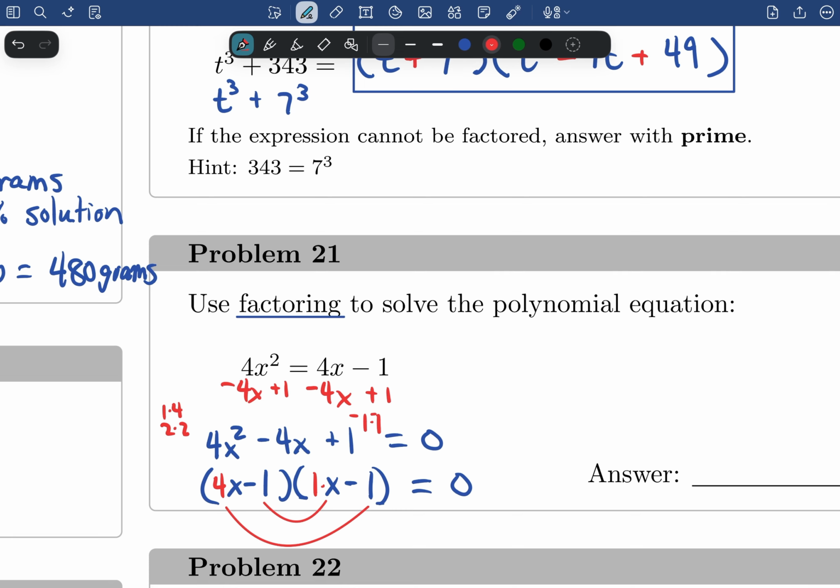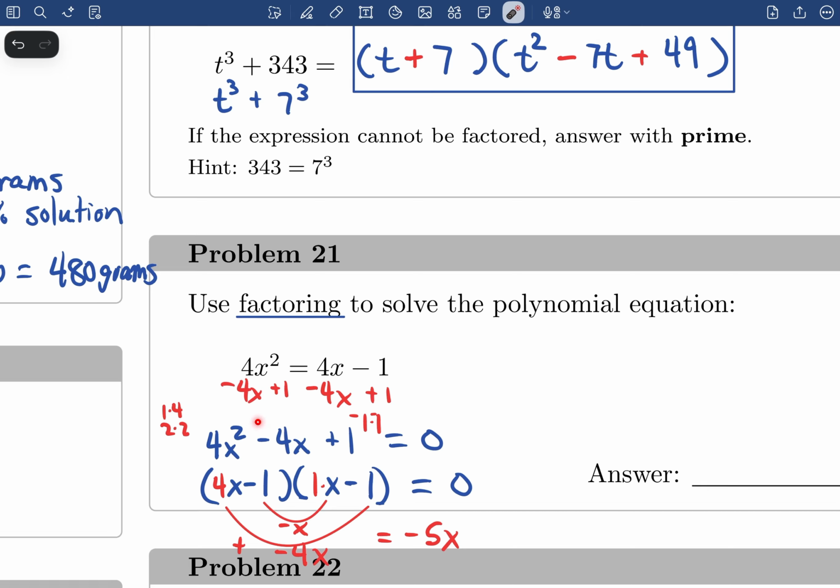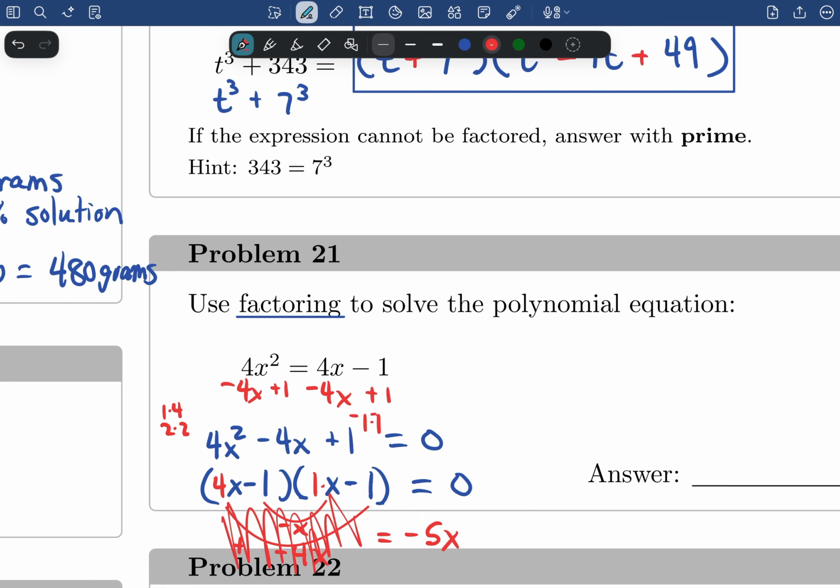So let's see, 4x times negative 1 is a negative 4x. And then a negative 1 times a 1x is a negative x. And negative x plus negative 4x equals negative 5x. And dang, no, it didn't work because I needed it to be a negative 4x. I got a negative 5x. Okay, well, that didn't work.